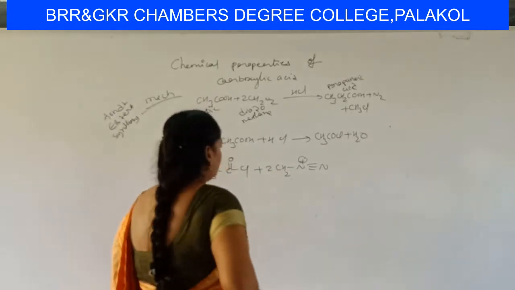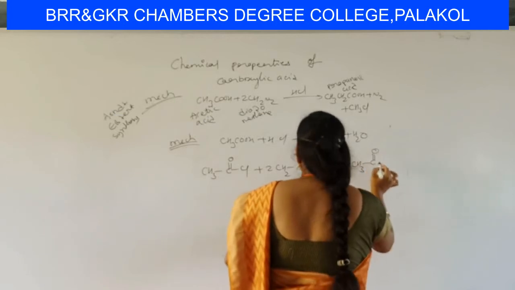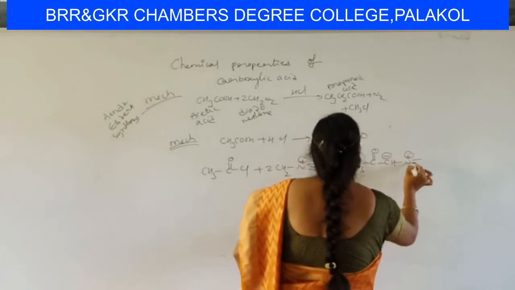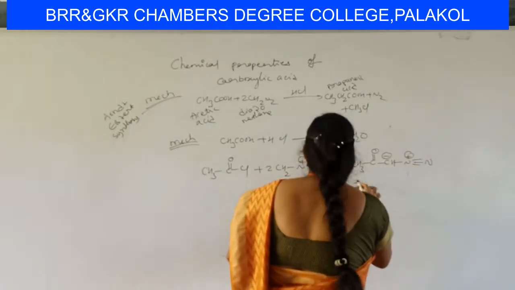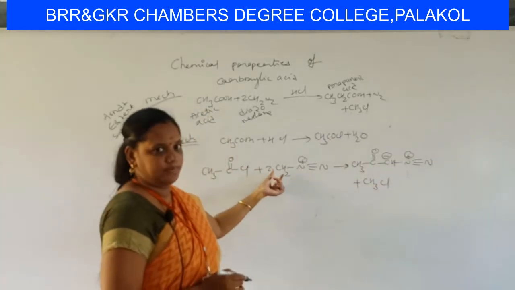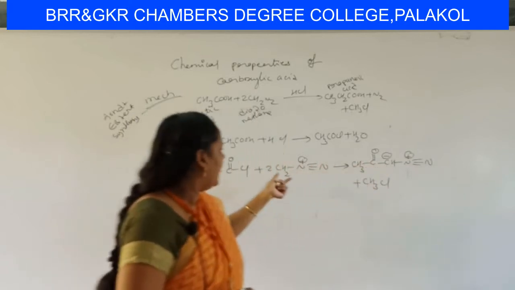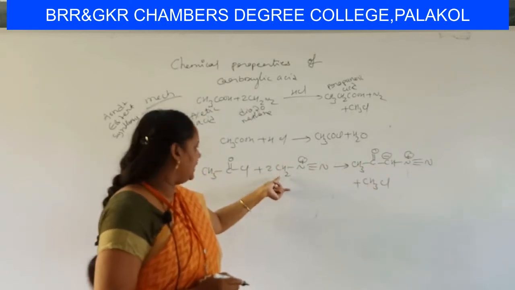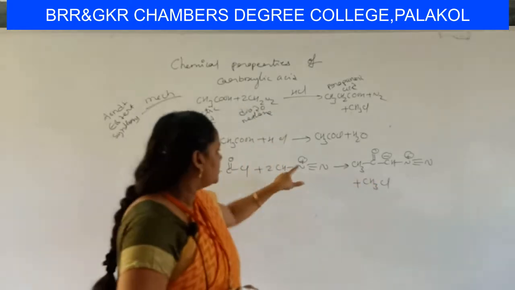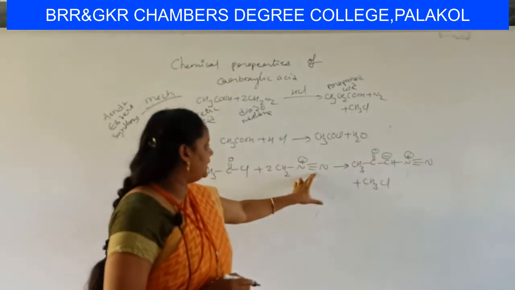So here what is remaining, students? CH. So the products will be CH3-C(=O)-CH-N+≡N plus CH3Cl. Okay, in the 2 CH2N2, 1 CH is going here, the other CH3 has taken Cl and came out as CH3Cl. So 1 N+≡N is attached here. We have taken here 2 moles.